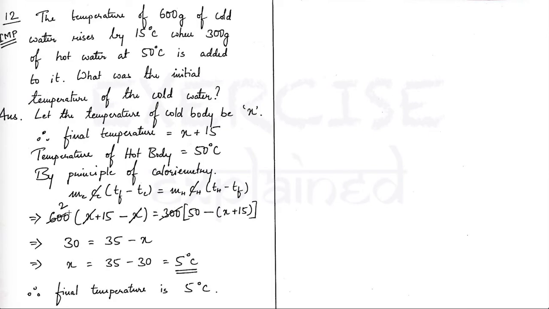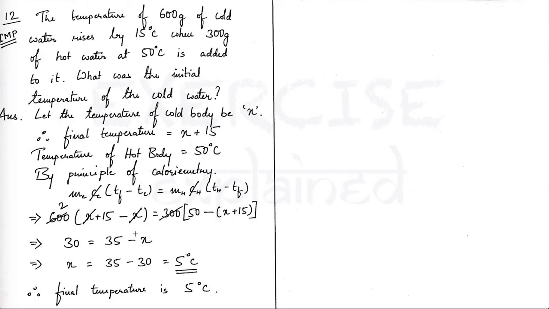So 300 and 600 I cancel, so it happens to be 2 times. Plus x and minus x cancels. So we get 2 into 15, that is 30. And here what we have is 50 minus x minus 15. So 50 minus 15 gives me 35 and minus x remains as it is.